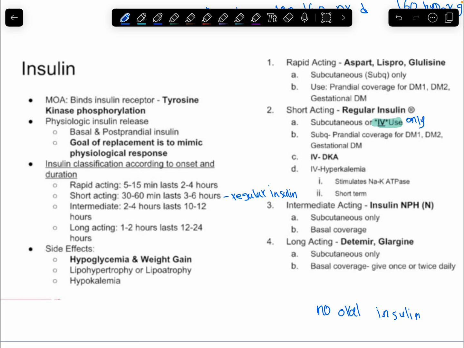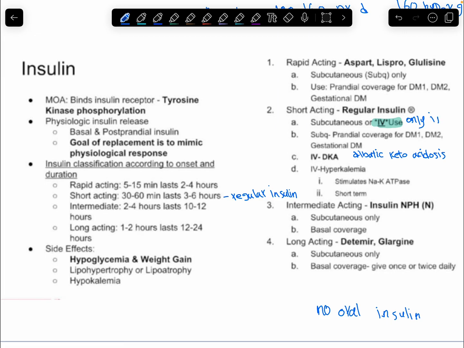Diabetic ketoacidosis, DKA. Ketoacidosis means more ketones. Whenever there are more than 3 millimole ketones, that is called ketoacidosis. Okay, there we use it by IV.